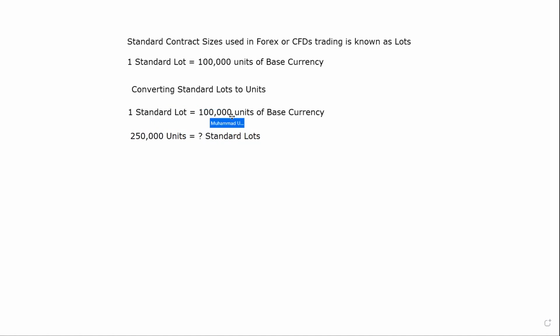We're going to use this definition. We know that one standard lot is equal to 100,000 units.